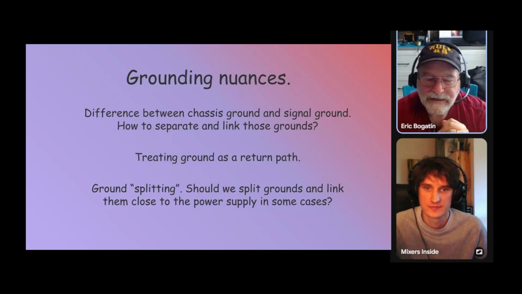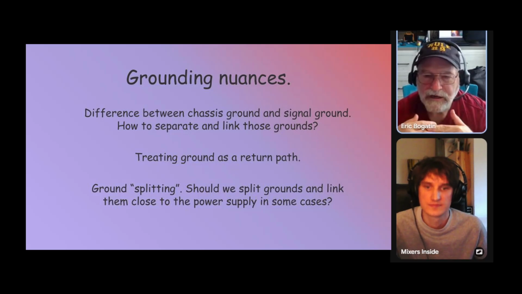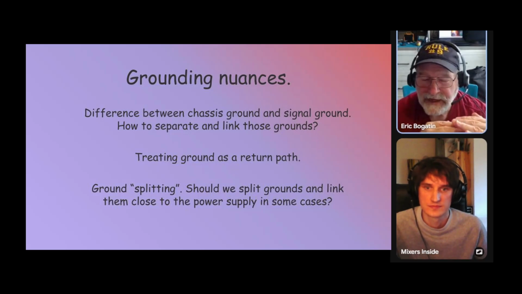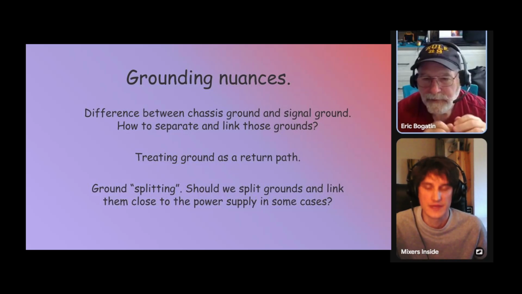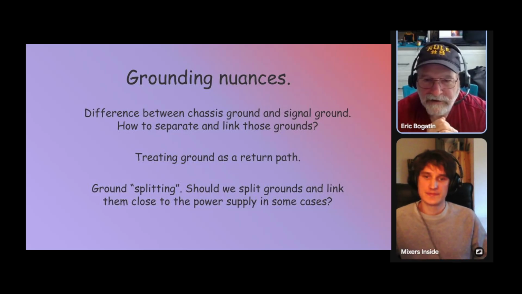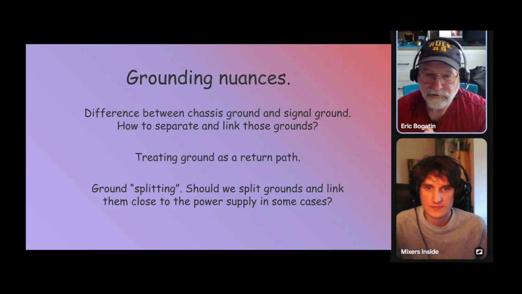And so that is the only case where splitting ground planes makes sense: if you're talking about low-level signals and you have high currents that are using the ground planes. The benefit is you eliminate that resistive crosstalk.